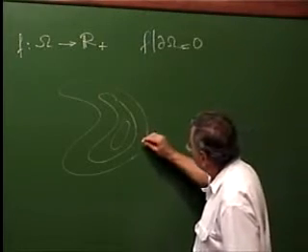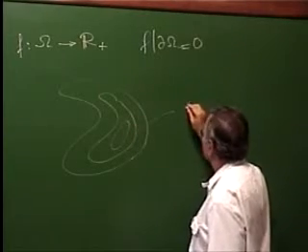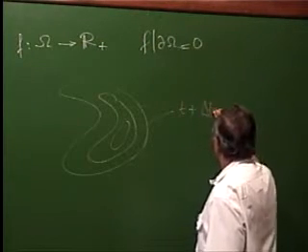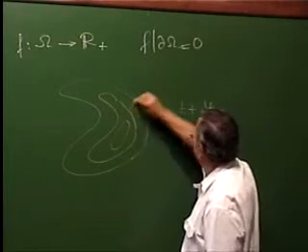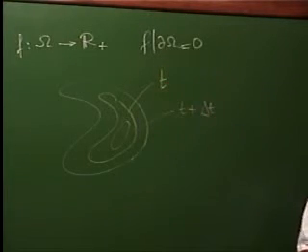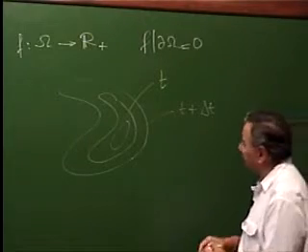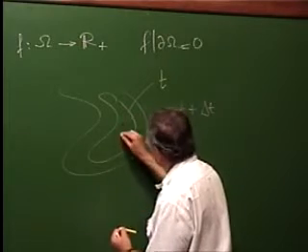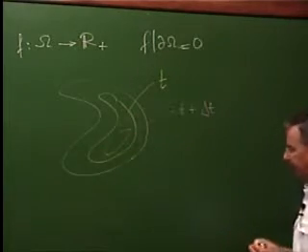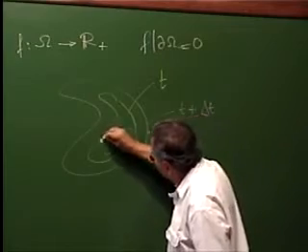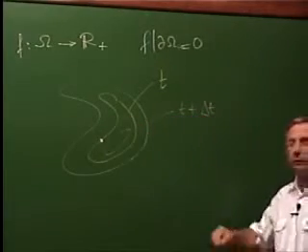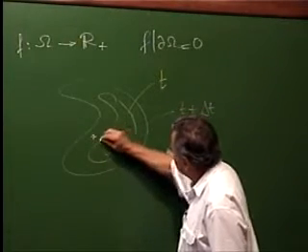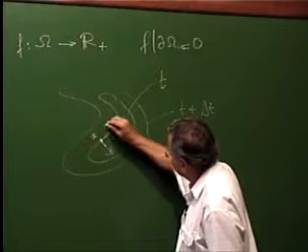Here I have some level set which corresponds to the value t plus some delta t, and here I have the level set which corresponds to the value t. And now you consider points, and you consider the lines of gradient. So you have, let's say, a point x and a point y here, and here you have a small variation of the same points.